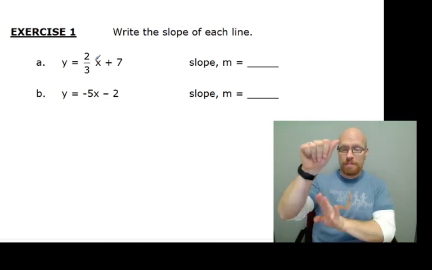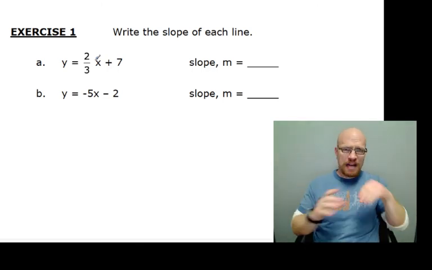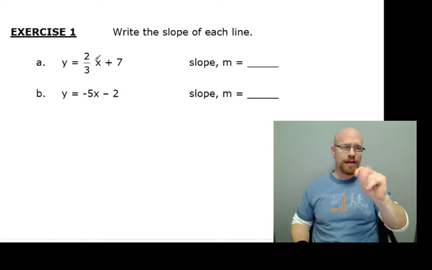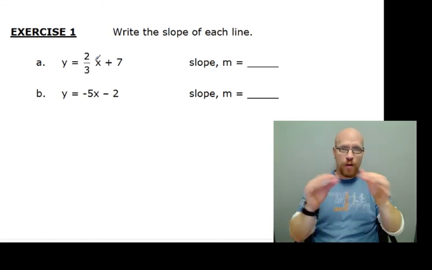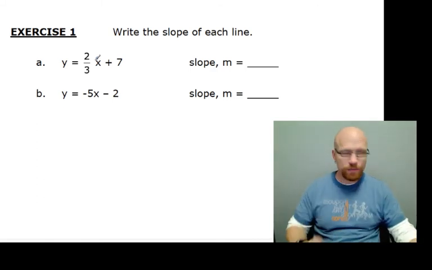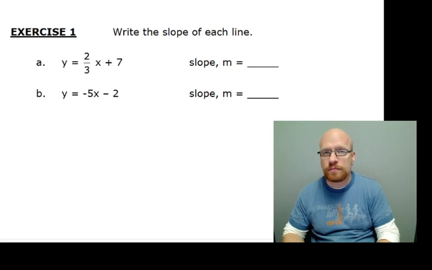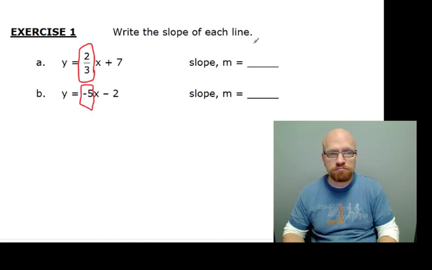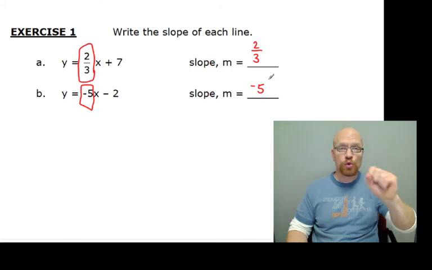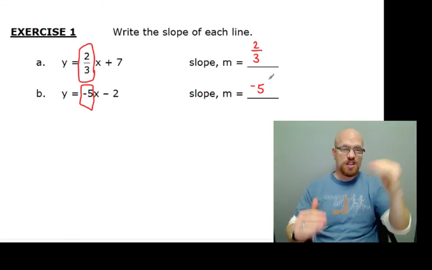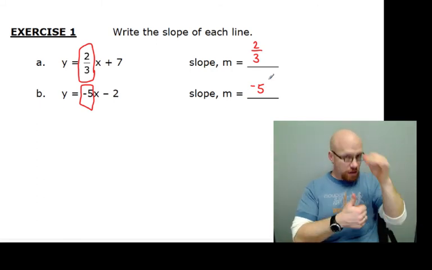Okay, A and B, both already in the slope-intercept form for that equation. So here are the two slopes. 2/3, the other one is -5.